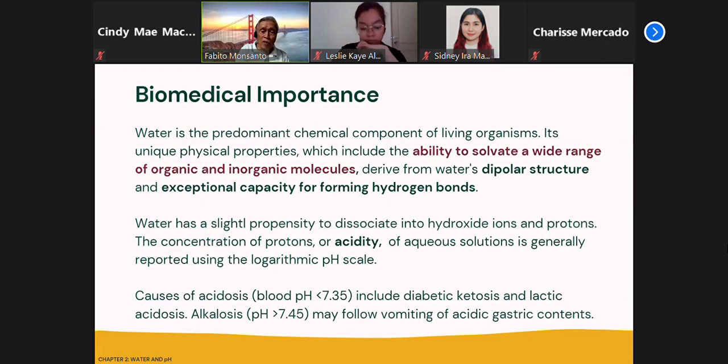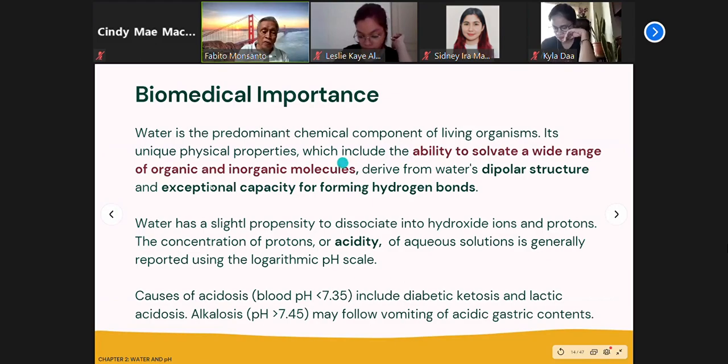Now, biomedical importance of water. First, you consider its ability to solvate, meaning to dissolve a wide range of organic and inorganic molecules.